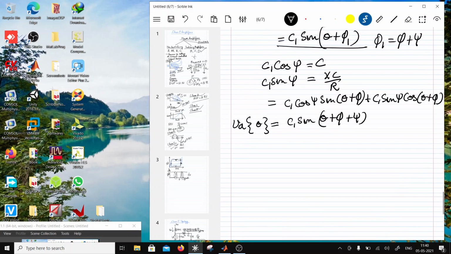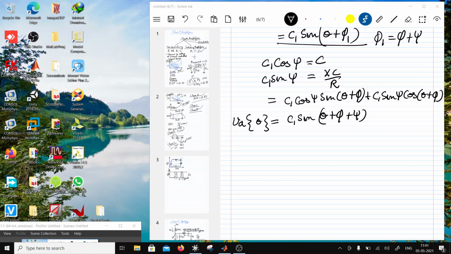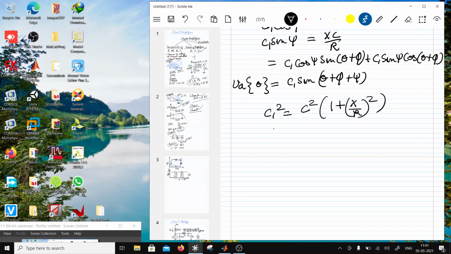Okay, so now if I do a square and add on both sides, we will have c1 square equal to c square times of 1 plus x by r square. Correct? And then that means c1 is equal to c square root of 1 plus x over r.